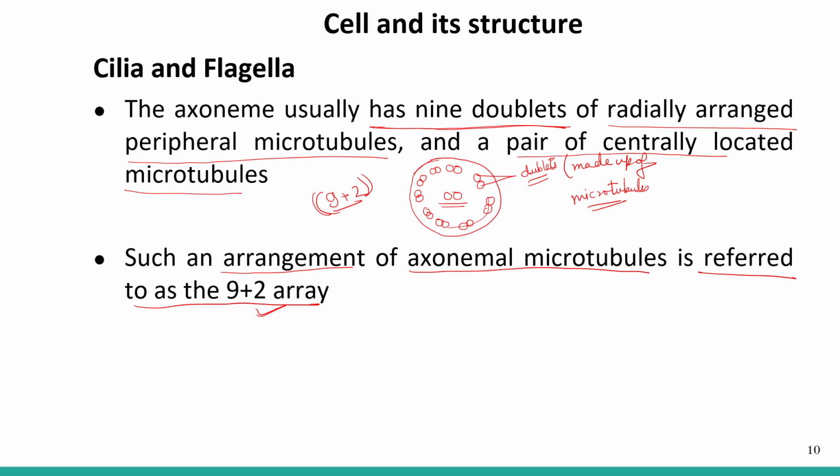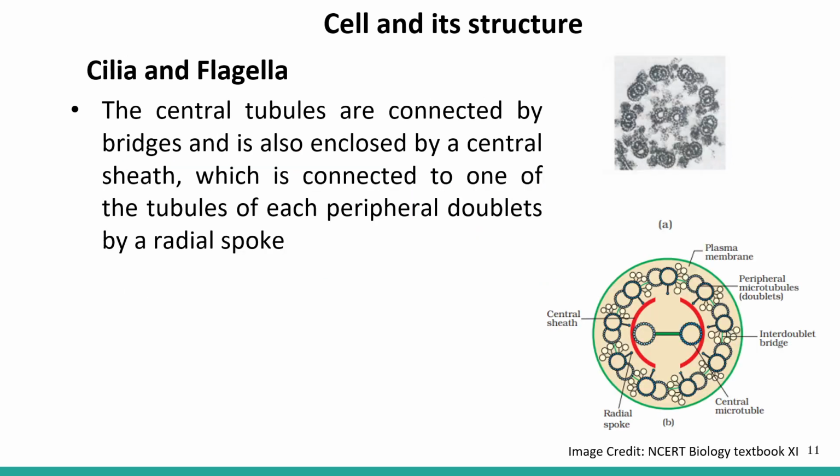These doublet structures are made up of microtubules, and in the center also there is a pair of these microtubules, like this, right? Such an arrangement of the axonemal microtubules is referred to as the 9 plus 2 arrangement. So here we can see the structure, right?